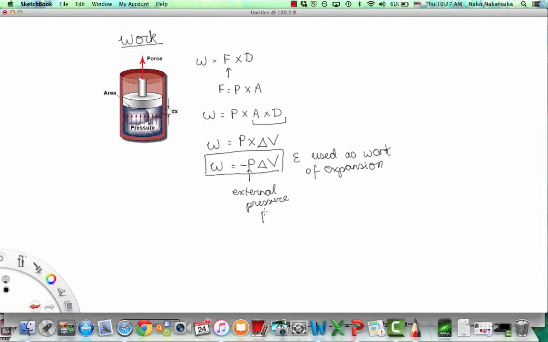This is also occasionally written as P external. And we also want to check the units, right? So pressure is in the units of kilograms per meter second negative 2.